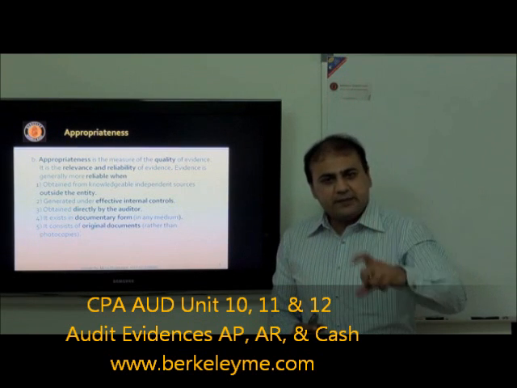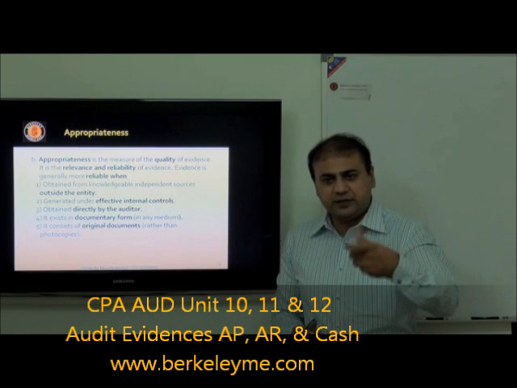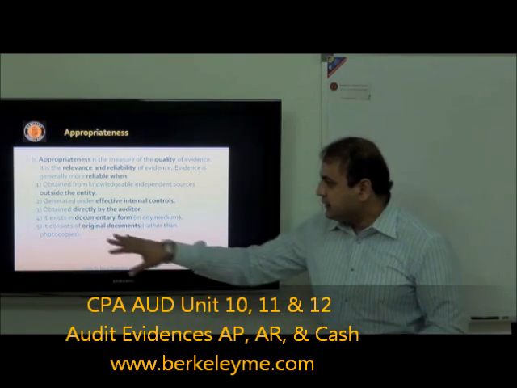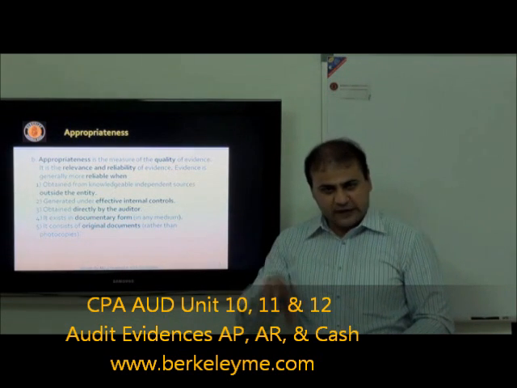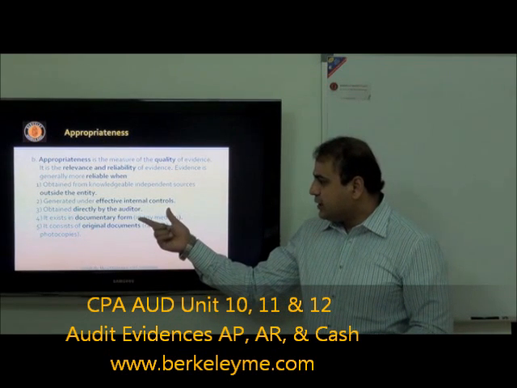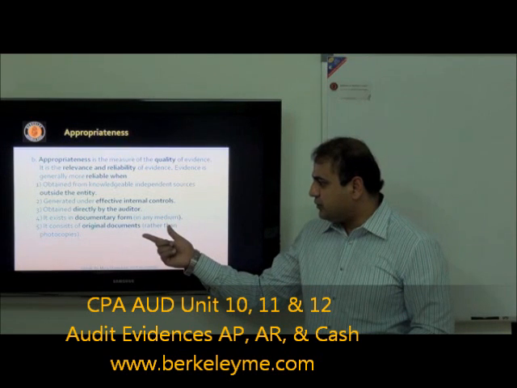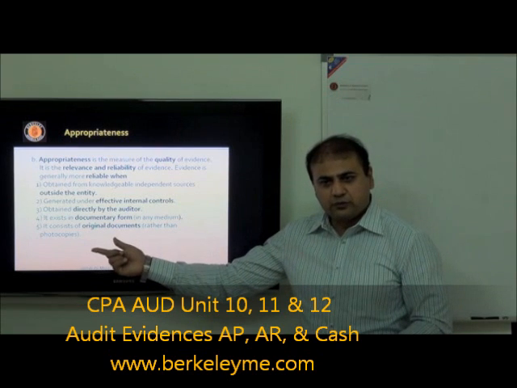So independent evaluation or communication sources of information are always the most trustable. Then evidence generated under effective internal controls: if your control system is effective, it will be considered more appropriate. Evidence obtained directly by the auditor, existing in documentary form, and consisting of original documents rather than photocopies, is more reliable.